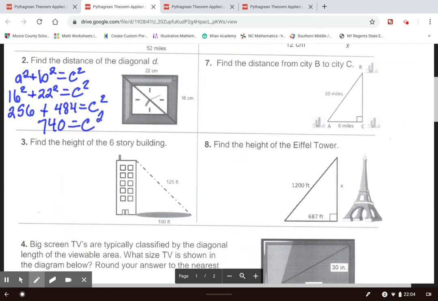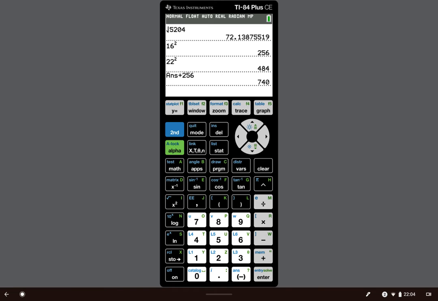So now again, I find the square root of both sides. Oops, that should be a c, not a 6. All right, so when I find the square root of both sides, I'm looking for the square root of 740.